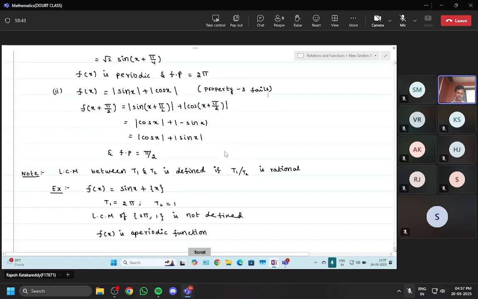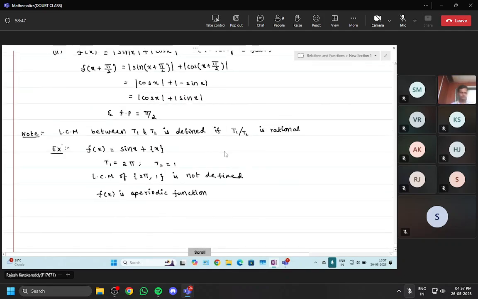I think this is property number 3 we have seen. Property number 4: if f of x is periodic, and g of x is any function, I mean it can be periodic, it may be aperiodic, then g composition f, that is g of f of x, is periodic.